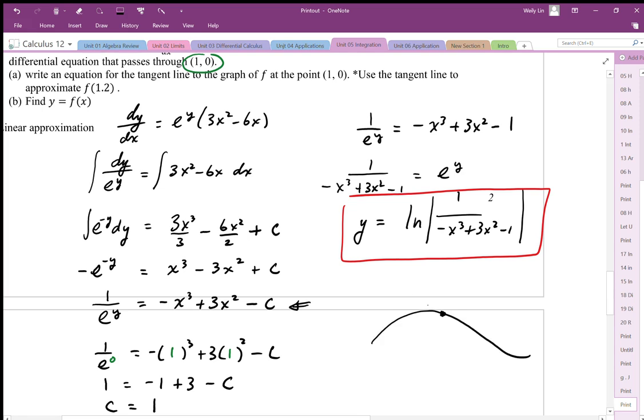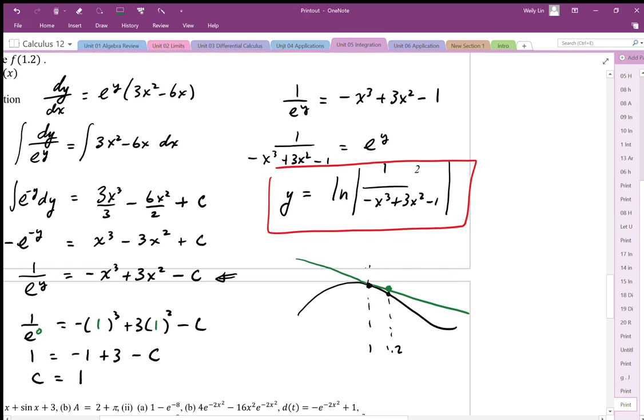We need to find the linear approximation. So let's say that this point is at x equals 1. We want to approximate a point at 1.2, and what we're going to do is find the tangent line and use that green point on the tangent line to approximate 1.2.